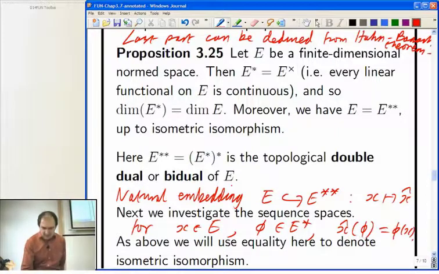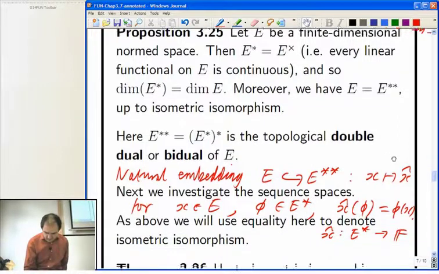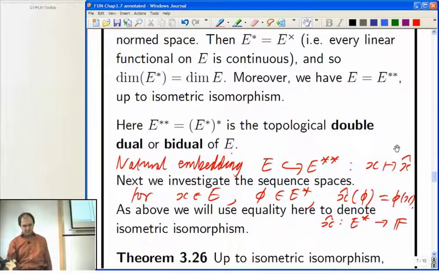This means that X hat is a linear functional on the set of linear functionals. So X hat is a function defined on E star, taking values in F. And it's easily seen to be a linear functional.